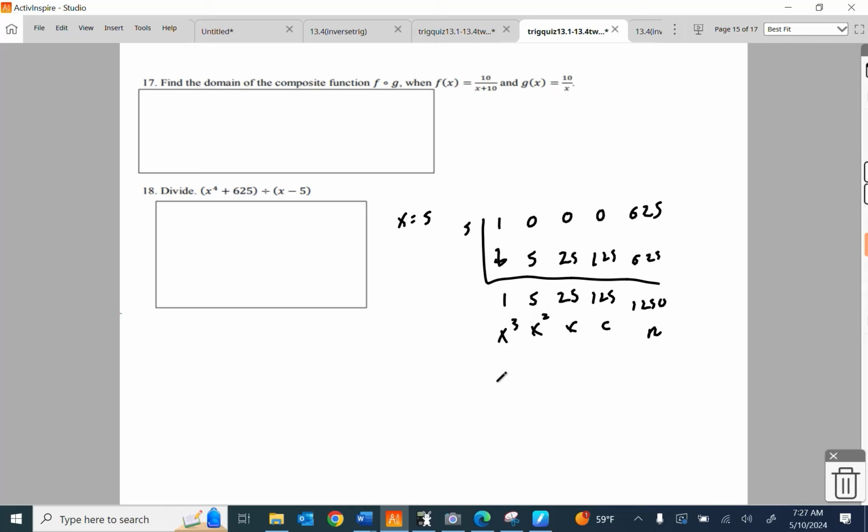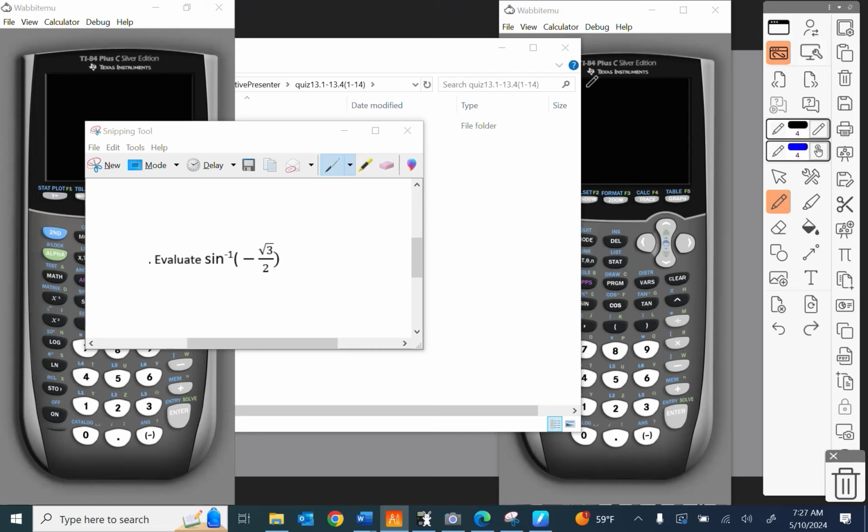So after we do the division, we'll have x cubed plus 5x squared plus 25x plus 125 plus 1250 pieces of x minus 5. Moving forward, really easy problem actually. I don't know what kind of challenge question that was.